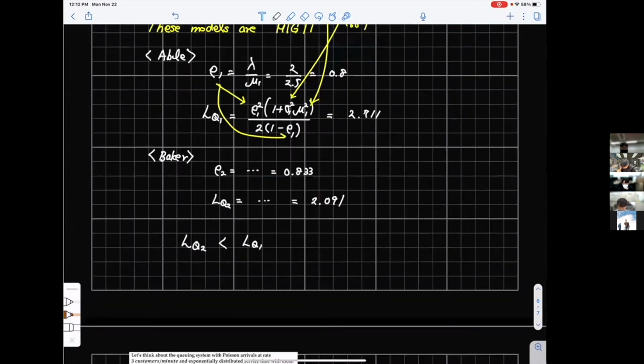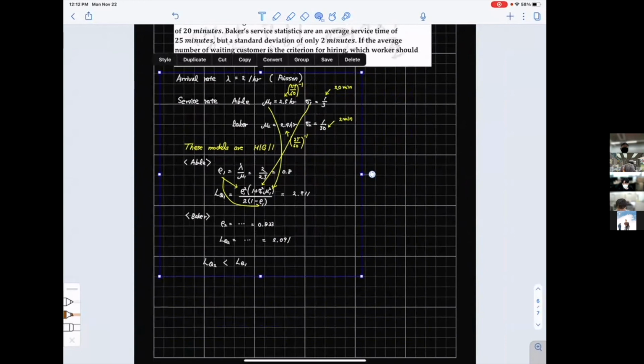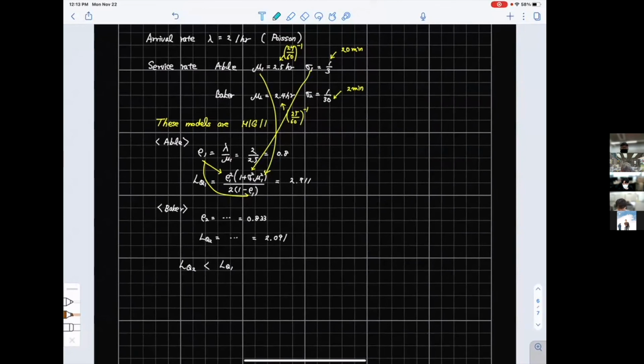Okay. This problem also can be treated in a different way. If we see this problem as WIP, finding WIPQ, WIPQ is CTQ multiplied by throughput. But in this problem, the throughput is always the same as the arrival rate.